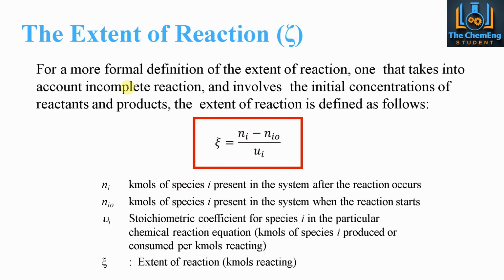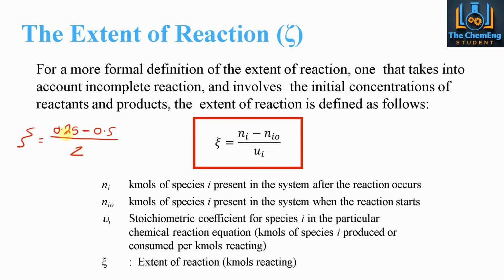In the previous example, for zeta, if Ni was 0.25, then it would be 0.25 minus 0.5, divided by minus 2, because Ni naught is the amount of the species at the beginning when the reaction starts, and then the stoichiometric coefficient is for that species, and zeta of course is the extent of the reaction in kilomoles, in this case kilomoles reacting. So you would carry this calculation out and get the value of zeta.